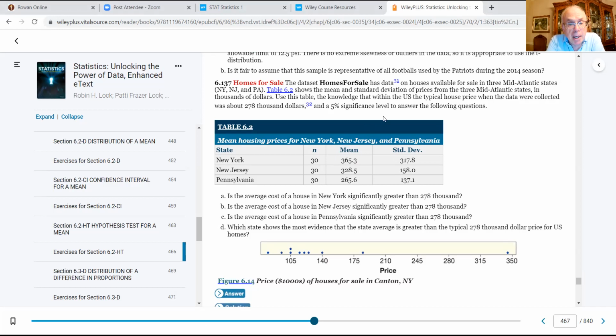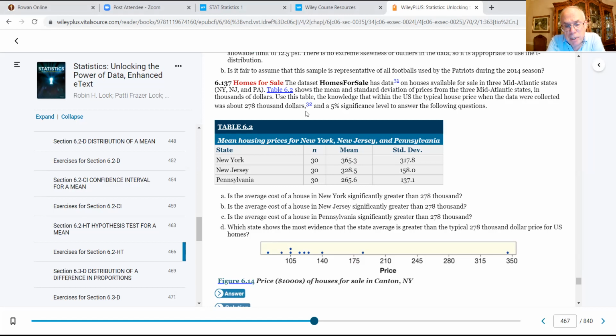Okay, and it says here, use this table, the knowledge that within the US, the typical house price when the data were collected was about $287,000. So what they're saying basically is that is the null hypothesis, that mu is equal to $278,000.